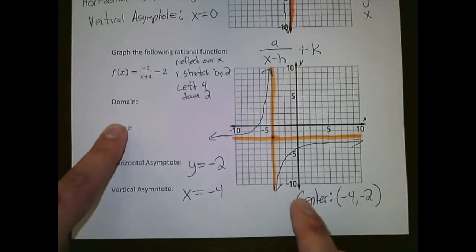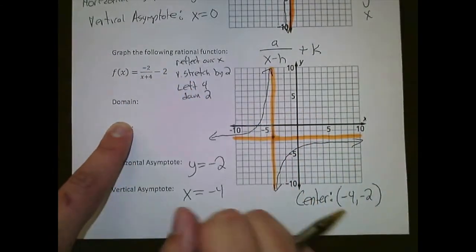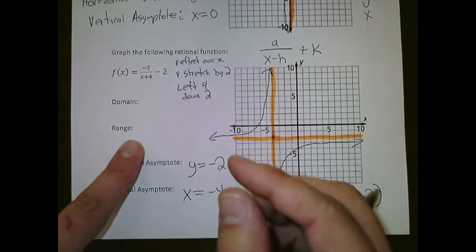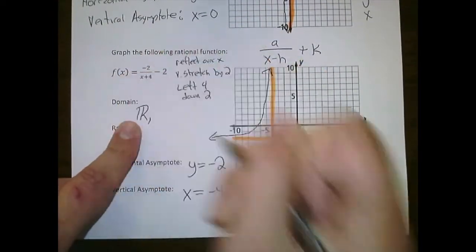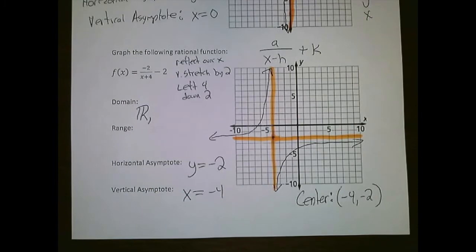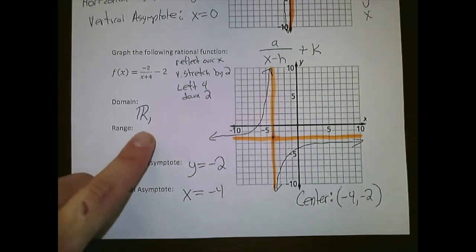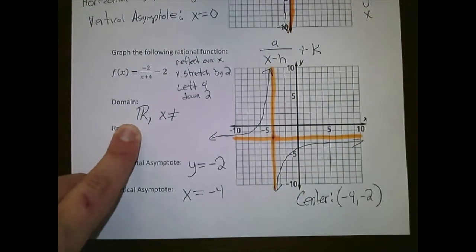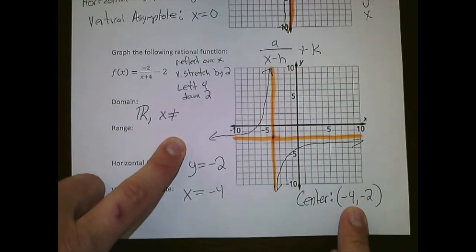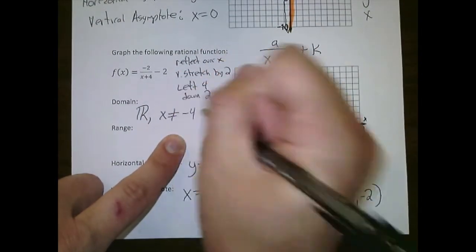Finally, domain and range. So we're figuring out what x values I can plug into this function, and then range, what y values I can get out of this function. So I could plug in all real numbers. I could plug in just about any x value you could think of, except there's one that I can't plug in. I do not want x to equal, again from that center point, -4.